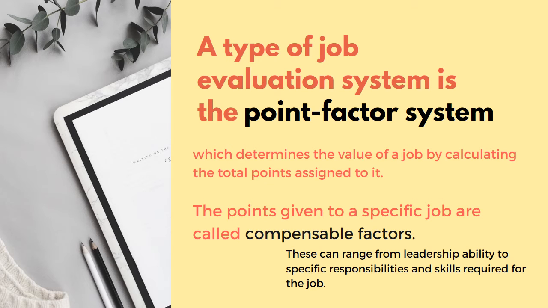Once the compensable factors are determined, each is given a weight compared to the importance of the skills or ability to the organization. When this system is applied to every job in the organization, expected compensable factors for each job are listed, along with the corresponding points to determine which jobs have the most relative importance within the organization.